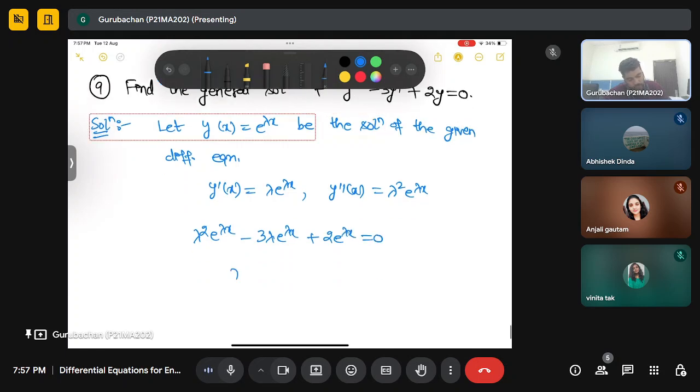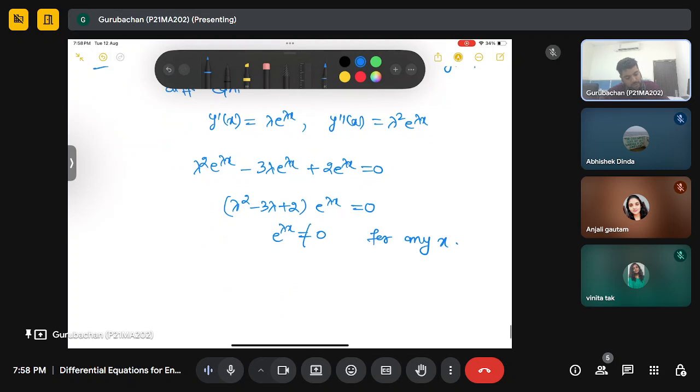So if you take out e to the power lambda x from this equation, it will align. Now it is obvious that e to the power lambda x is not 0 for any x.